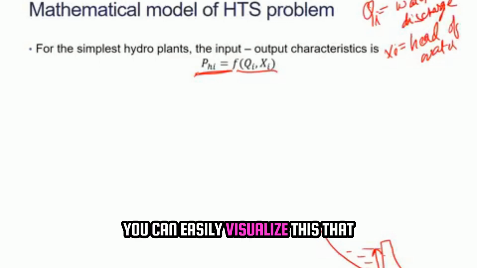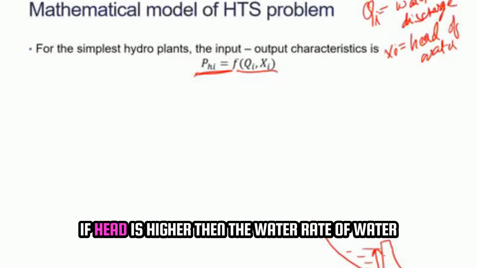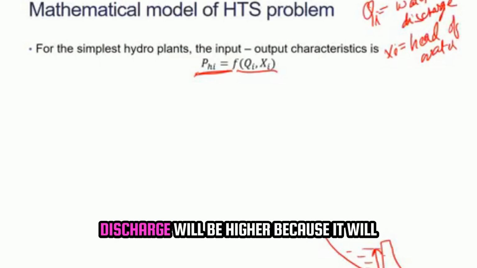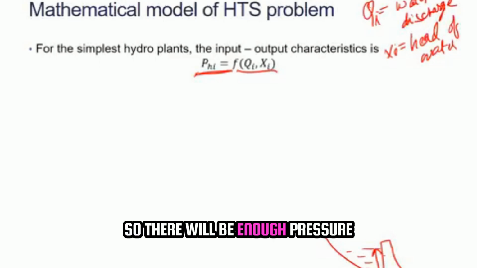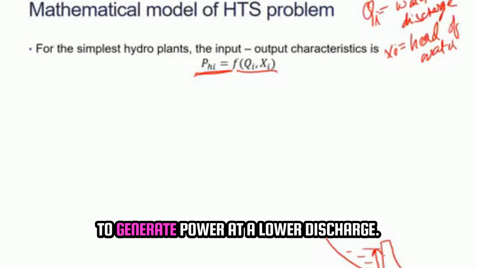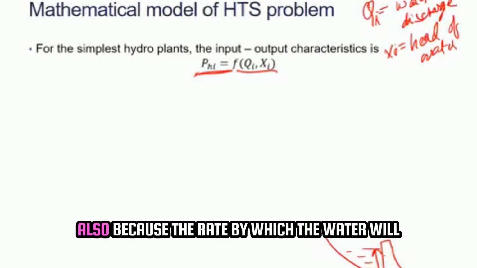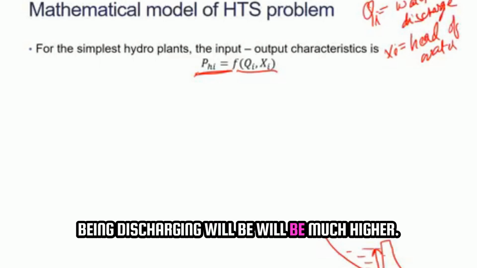You can easily visualize this: if the head is higher, there will be enough pressure to generate power at a lower discharge also, because the rate at which the water discharges will be much higher.